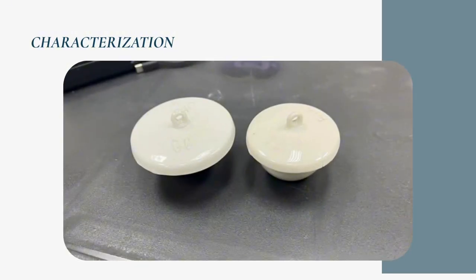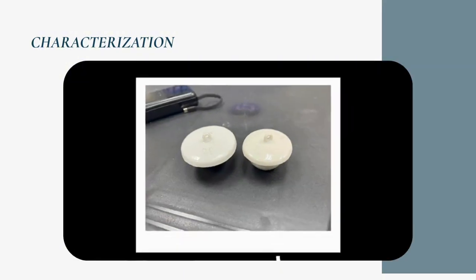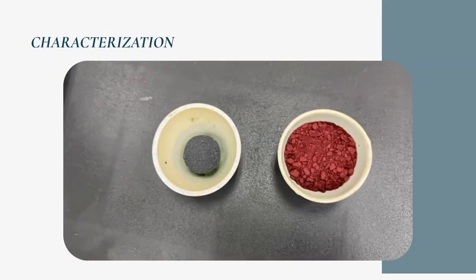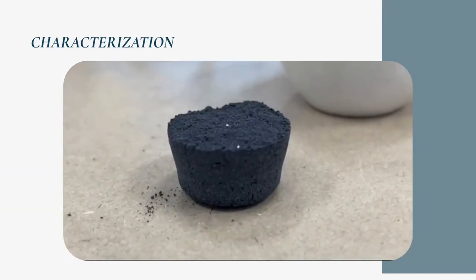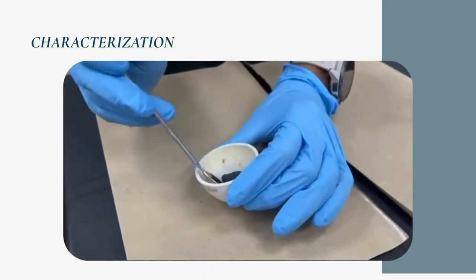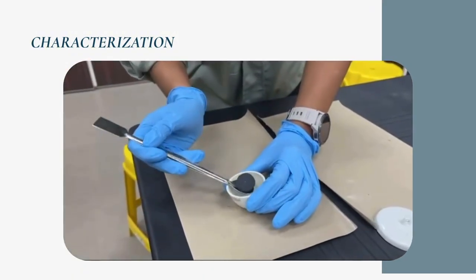Characterization. Several characterization methods were used to confirm the presence of metallic products after reduction. First, a magnet was used to test the presence of metallic iron in sample A. If the sample was attracted to the magnet, this confirmed successful reduction of iron oxide.